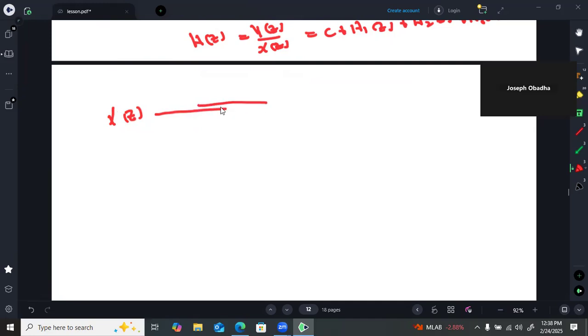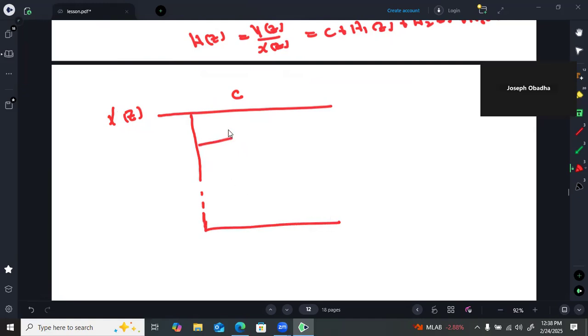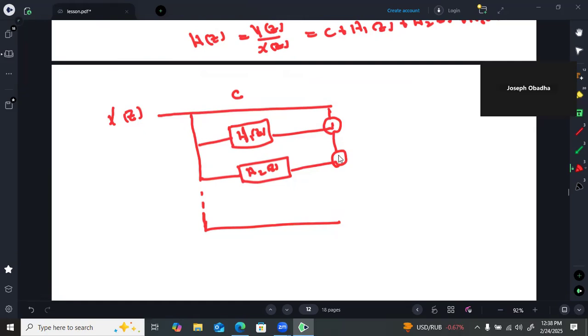If we add a constant there, then we'll have a constant C. Then we have H1(z), H2(z), and we add them up to Hn(z), the last one.